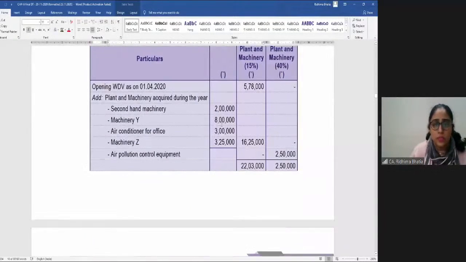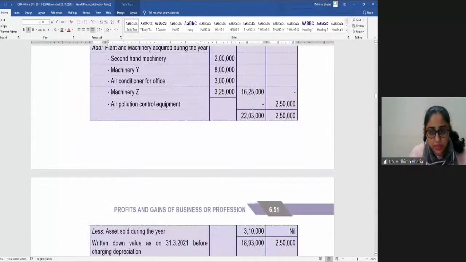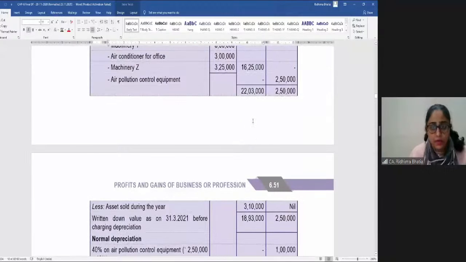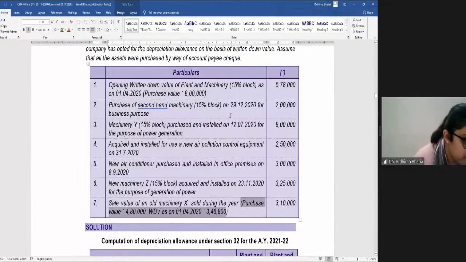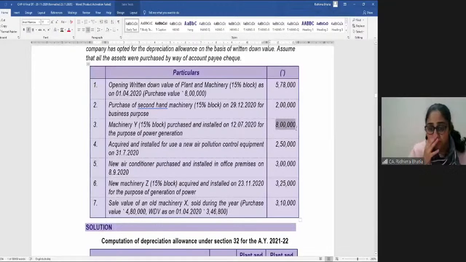Now on this normal depreciation is on 578 minus 3,10,000, on that remaining. Then in the second hand machinery of 2 lakh, you will apply the depreciation of 7.5%. On 8 lakhs, you will apply 15%. On the air conditioner, you will apply 15%, and on 3,25,000 you will apply 7.5%.